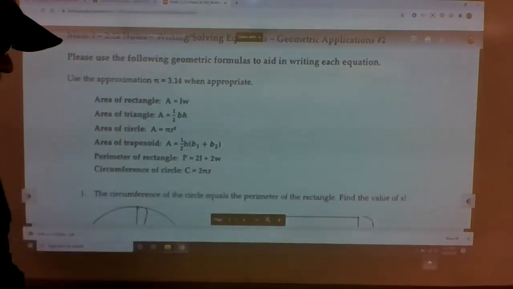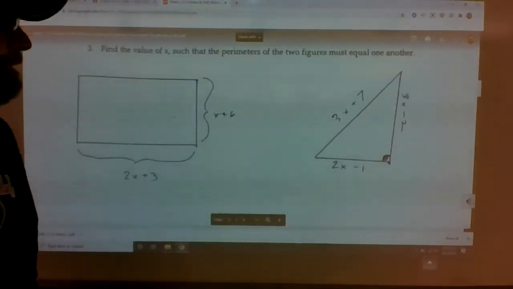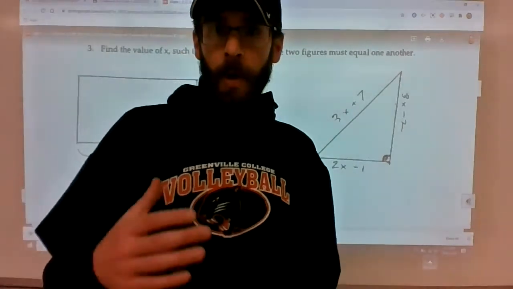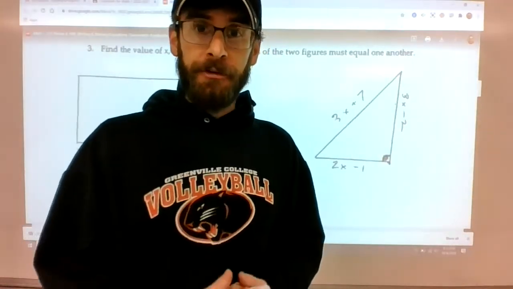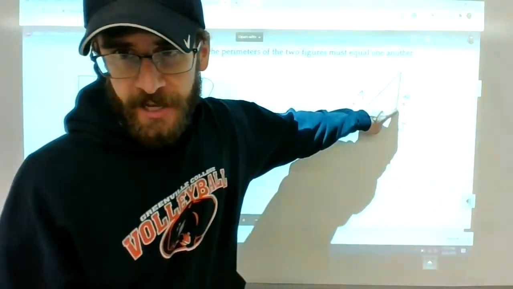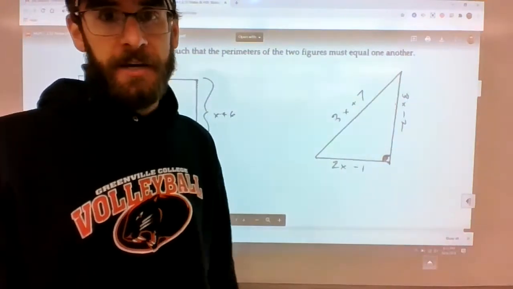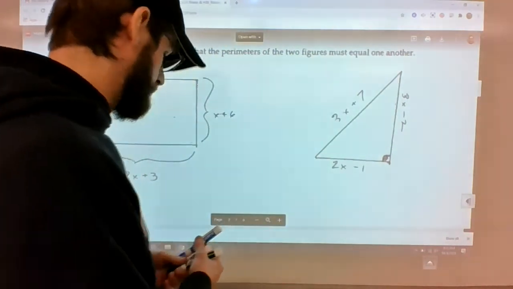I just see the area. Well, here's the deal with that. Parameter just means whatever figure you've got, add up all the sides. So the parameter for this triangle is add the 3x plus 7 to the 3x minus 2 to the 2x minus 1. Parameter equals add up all the sides.